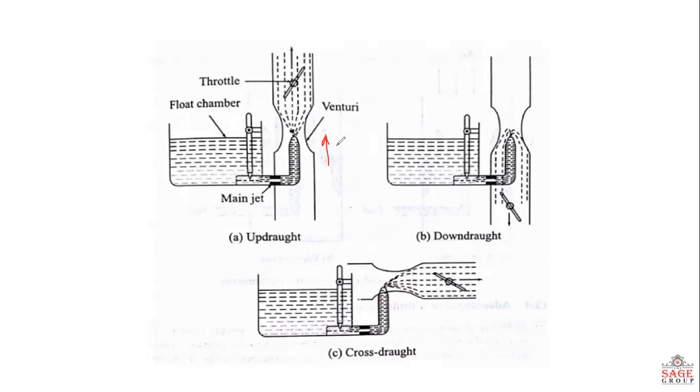Hence, it must be designed with a relatively small mixing tube and throat, so that even at low engine speed, the air velocity is sufficient to lift and carry the fuel particles along. Otherwise, the fuel droplets will tend to separate out, providing only a lean mixture to the engine.